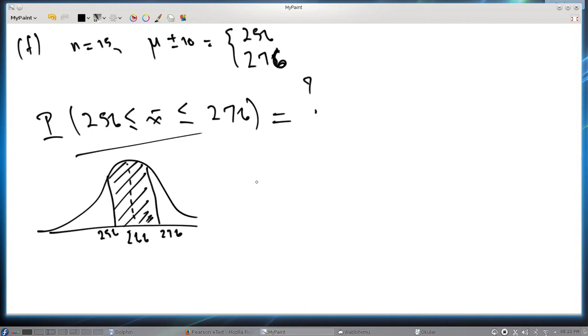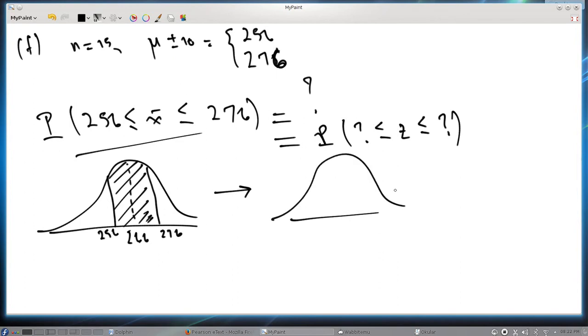So we want to translate this into the z curve, in other words, what z here will be, and then what z here will be. We are looking at a region similar to this.